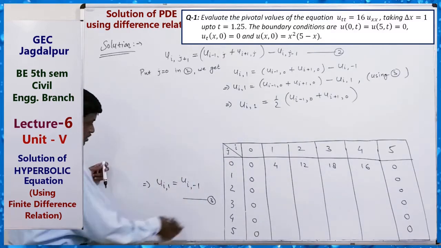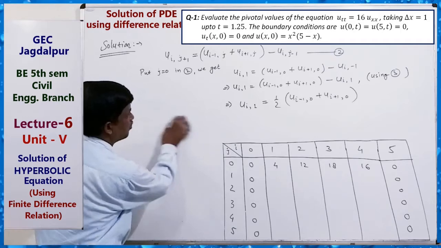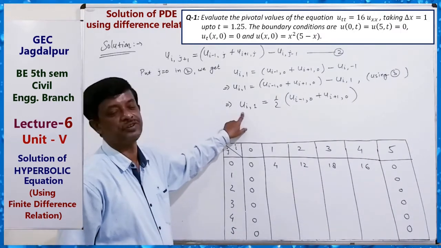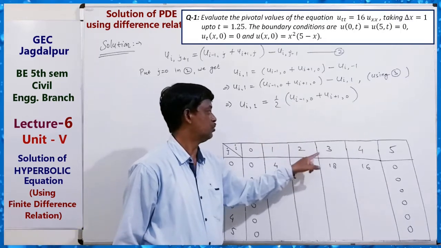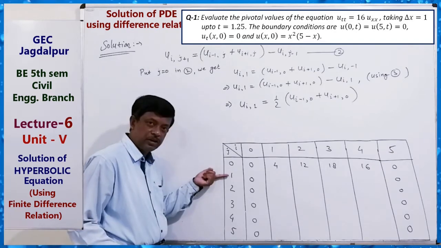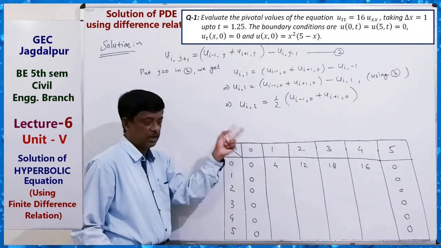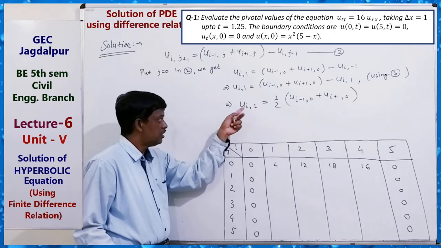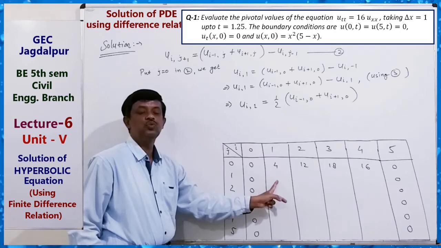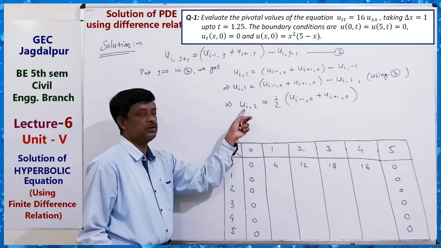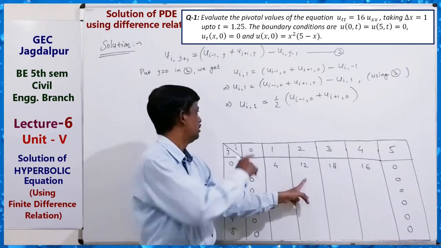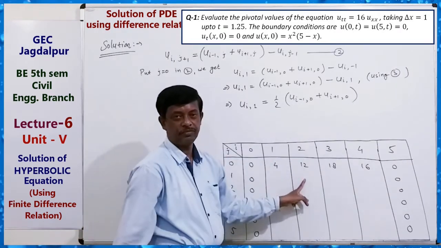In this formula, just put I equals 1, 2, 3, 4, then you can get the value, because this is j equals 1, the higher level.